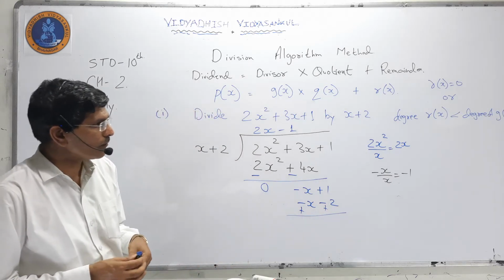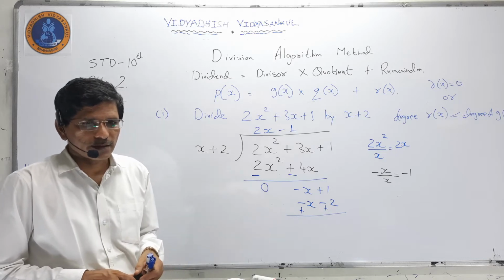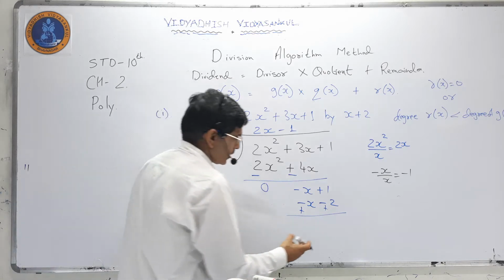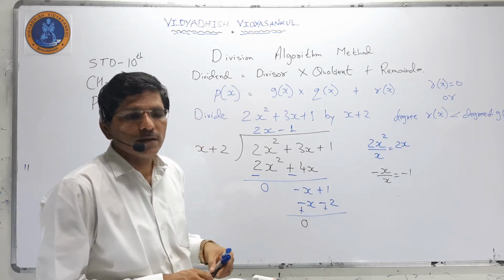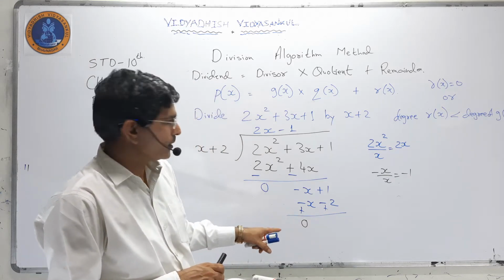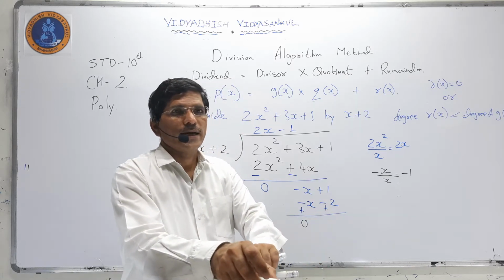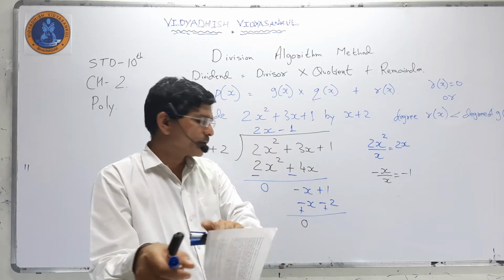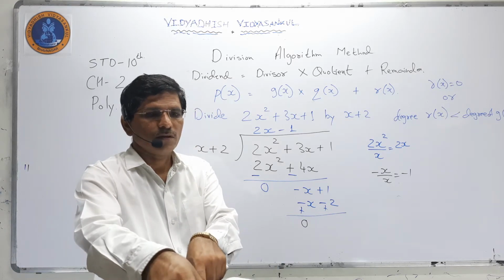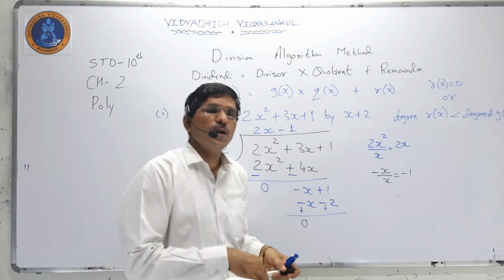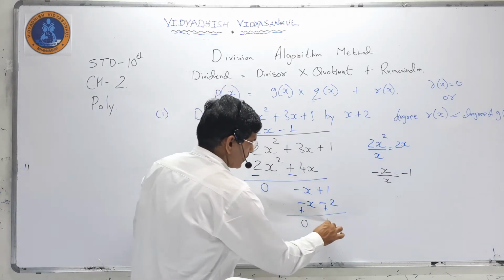Now minus plus minus, so we get answer 0. And here, plus 1 plus 2, we get plus 3. These are all simple sums that we already did in 9th standard.